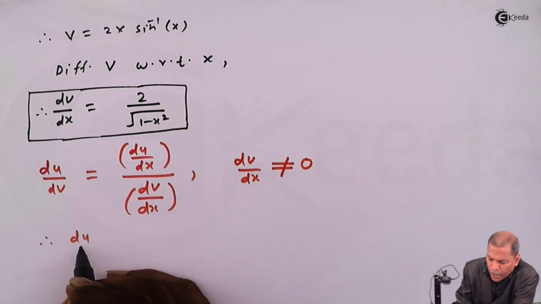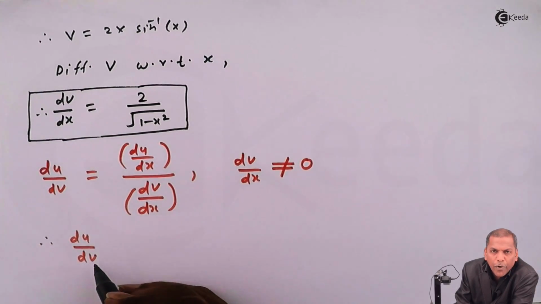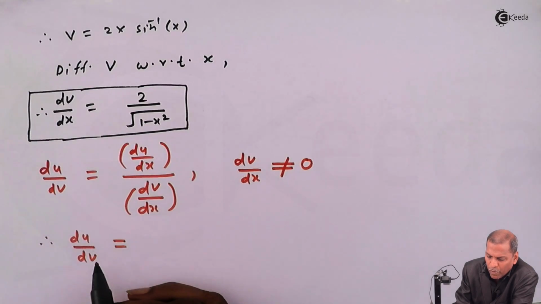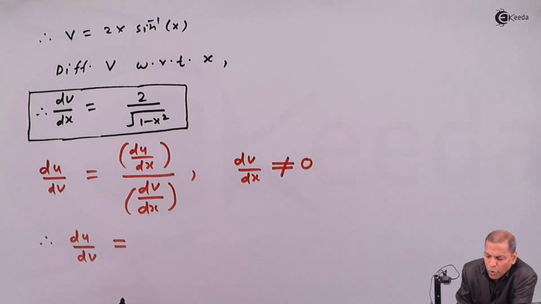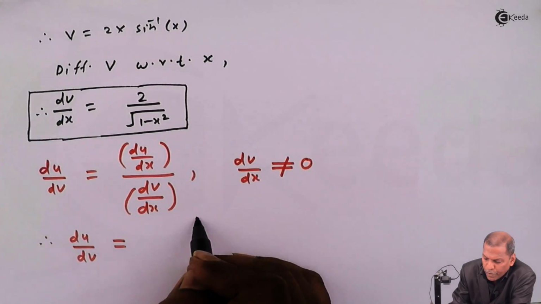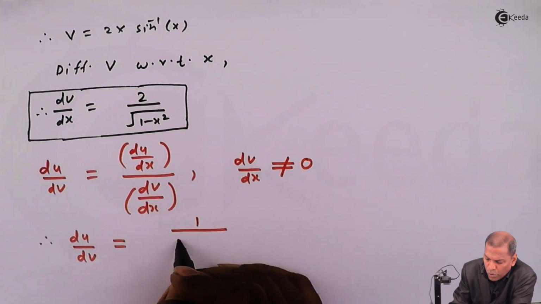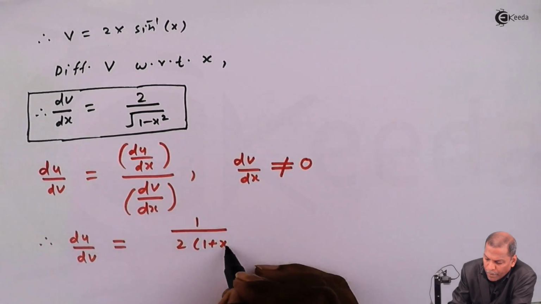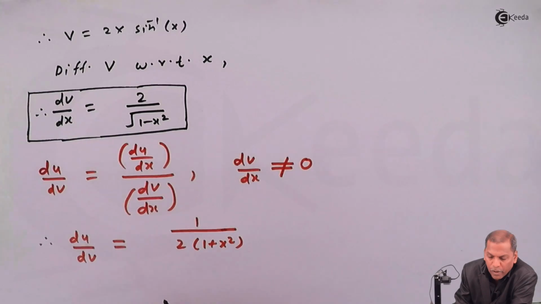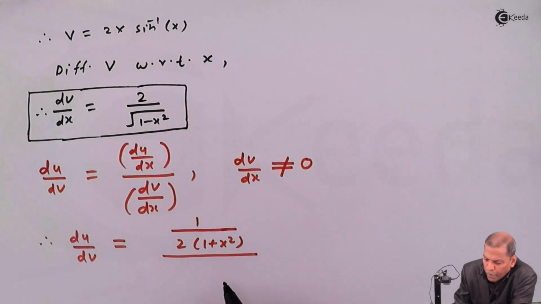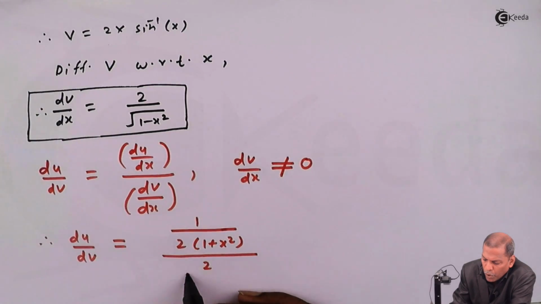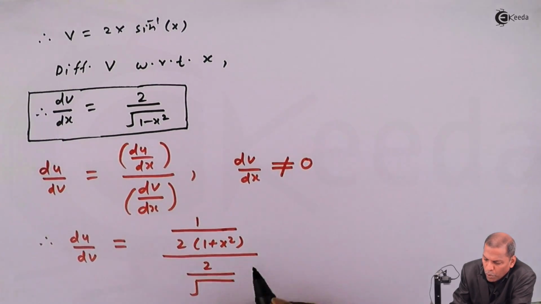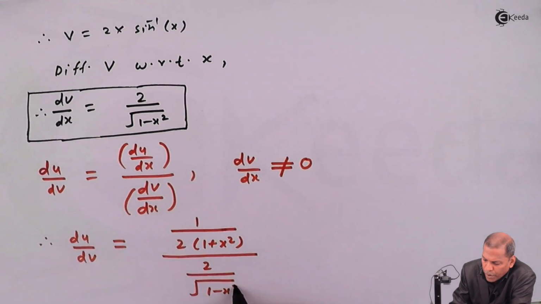The next step will be du upon dv is equal to. Now for du by dx we substitute 1 upon 2 in bracket 1 plus x square, whole thing divided by, for dv by dx we substitute 2 upon under root 1 minus x square.